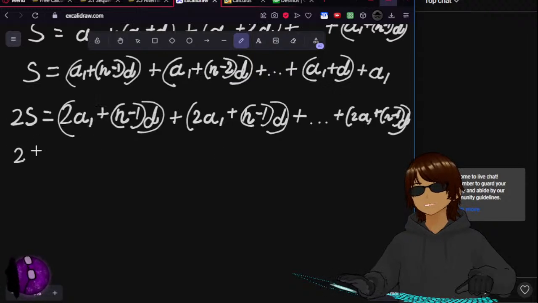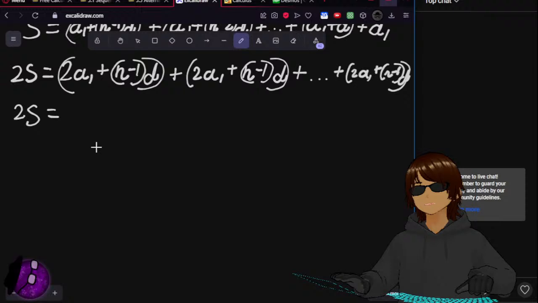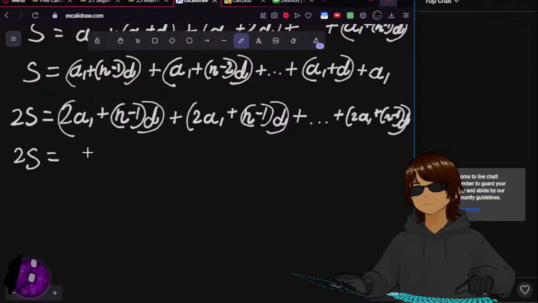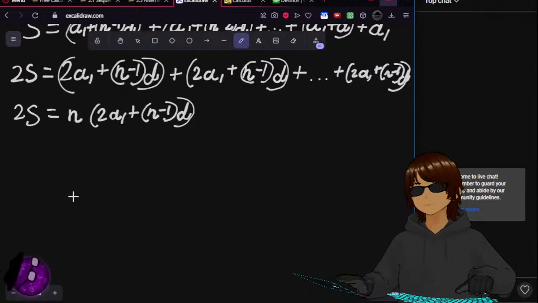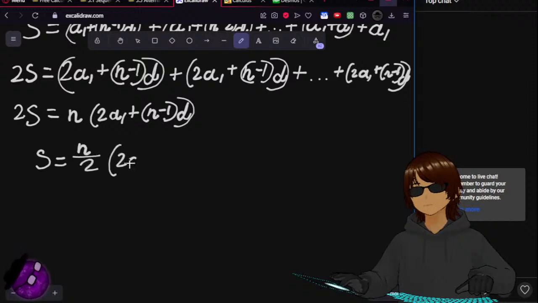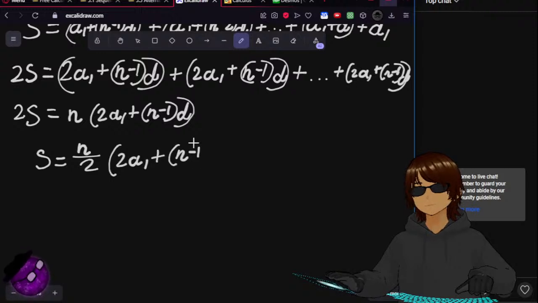So we can represent this as, since there are n terms in total, we can write s is equal to n over 2 times 2a1 plus n minus 1 d.